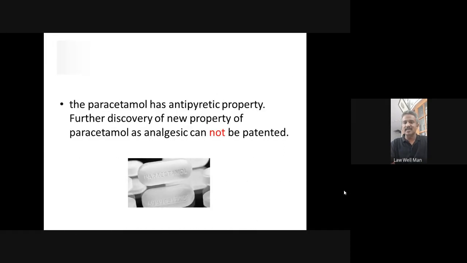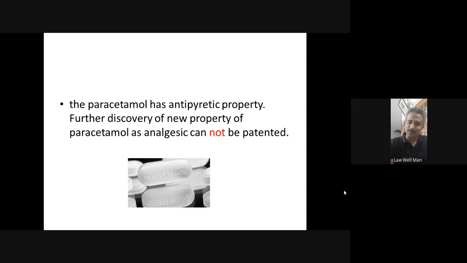The example I gave was this: paracetamol has a property which is already known, and the very same paracetamol has another property. Apart from fever, it is effective for ringworm, which is a common thing.